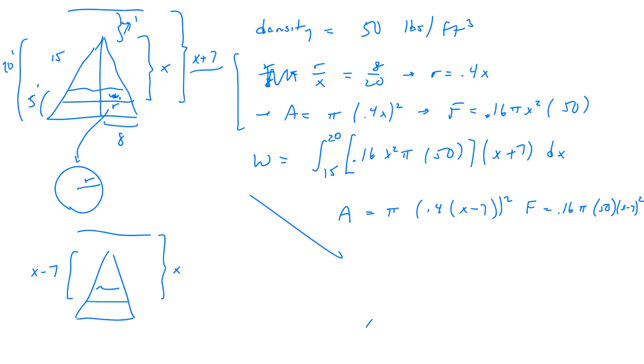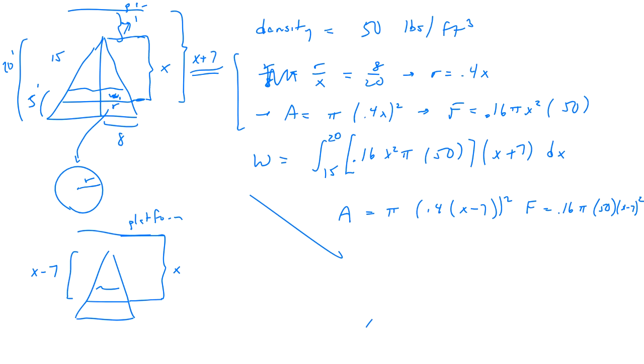So if I let x be the distance from the line to the top of the cone, then it's another 7 feet to the platform. On the other hand, if I say x is the distance from the platform, if it's x distance from there to the top of the platform, then it's 7 feet less just to the top of the cone.